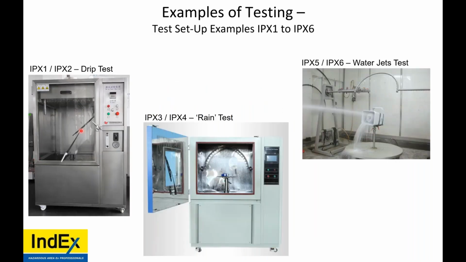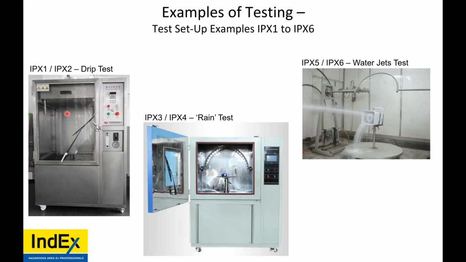Now, example of testing. Not many people get to see what a test procedure, test setup looks like. So when we talk about a drip test, this is your IPX1, X2. X indicates that the test is not being done or is not covered. So if a piece of equipment is rated IPX1, it has not been tested for dust.